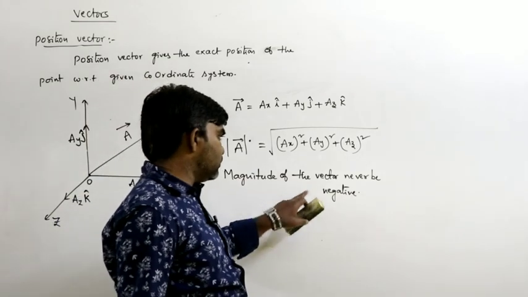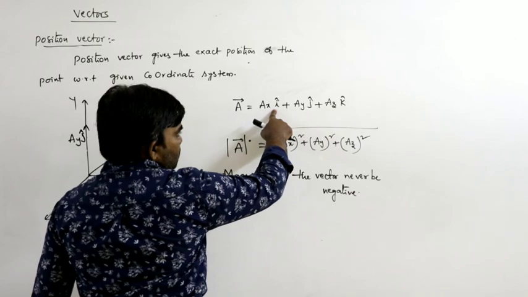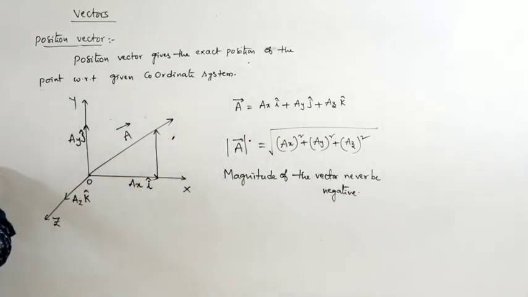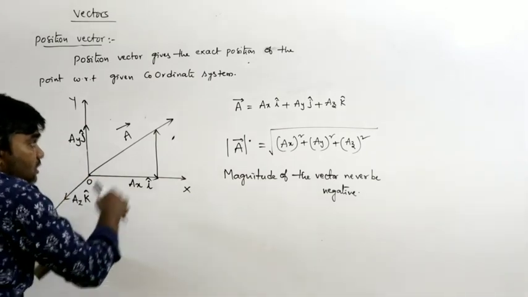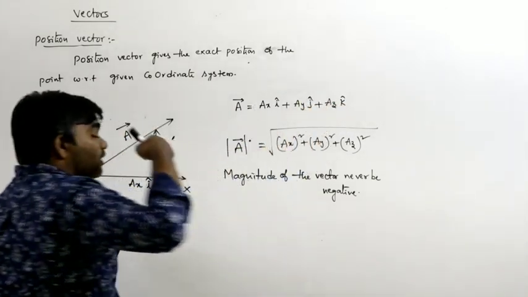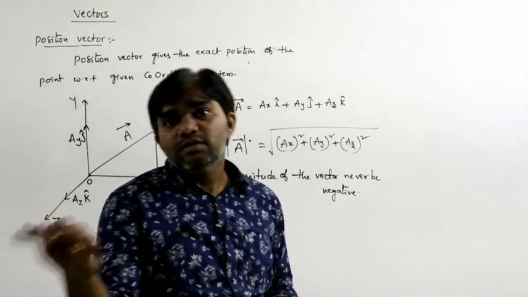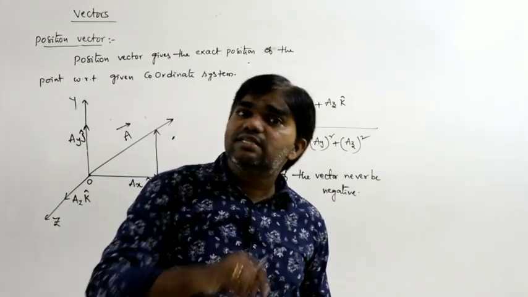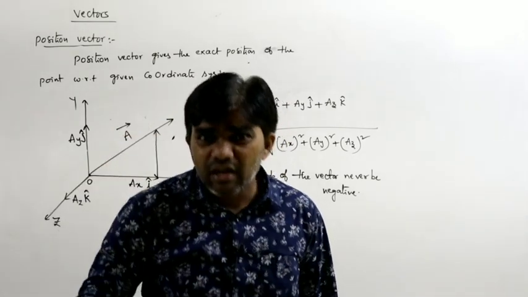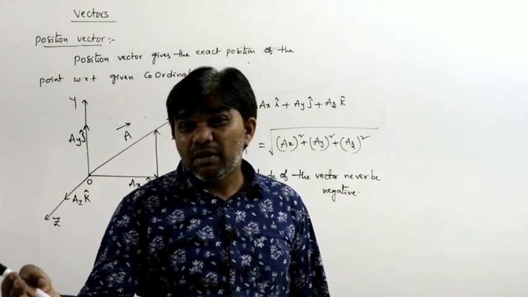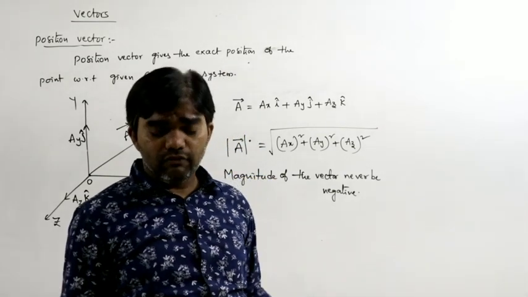So here, if we get minus i, that means the vector is along the negative x axis. If it is minus j, the vector is along the negative y axis. If it is minus k, the vector is along the negative z axis. Plus i means the positive x axis, minus i the negative x axis, plus j the positive y axis, minus j the negative y axis, plus k the positive z axis, minus k the negative z axis. Very, very important.